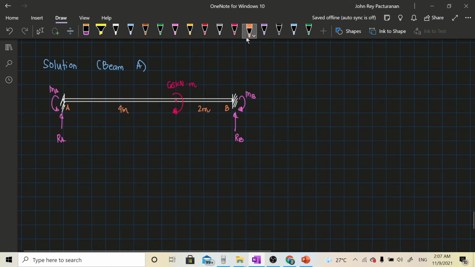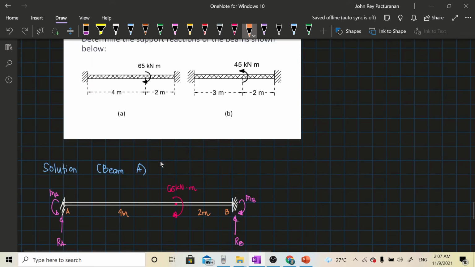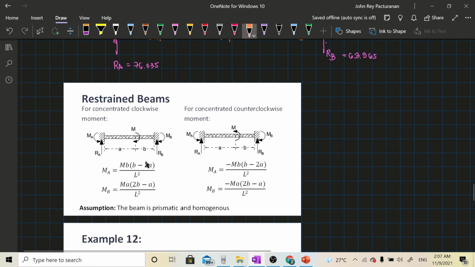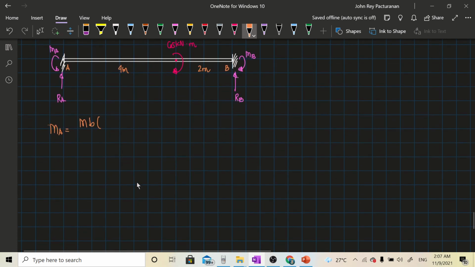So, here, let's start solving the fixed end moment at A. So, the moment at A is equal to MB, then (b minus 2a) over L squared. So, pag sinubstitute natin, 65. Ang B natin, of course, yung 2 meters, no? So, i-label ko nga siya as A and B, no? So, 2 meters, then 2 minus 2 times 4.